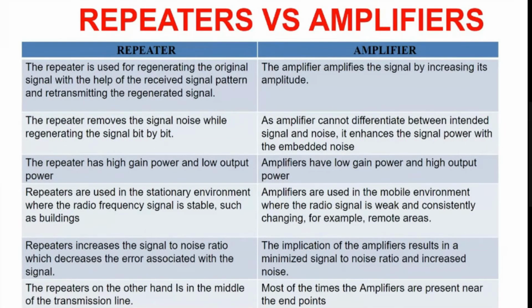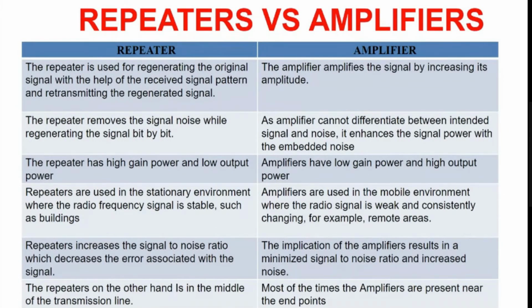And the next thing, the repeater has high gain power and low output power. It receives the signal with high gain and automatically neutralizes the corresponding signal. This is the meaning of that. So the repeater has high gain power and low output power.